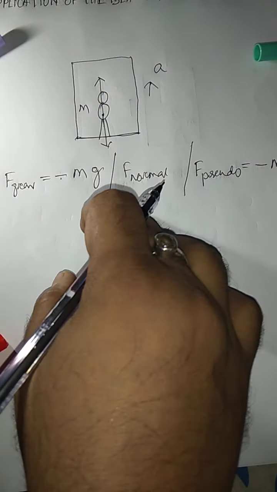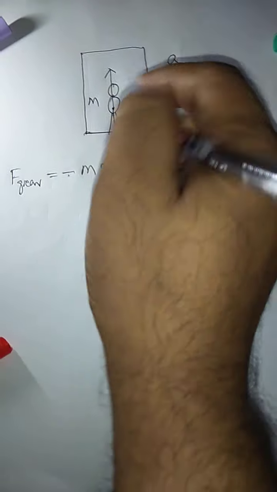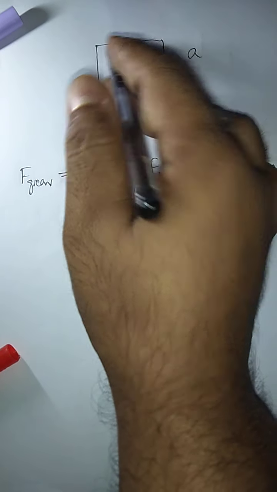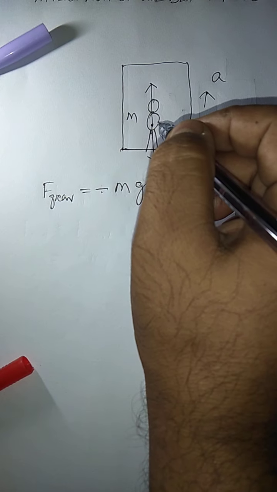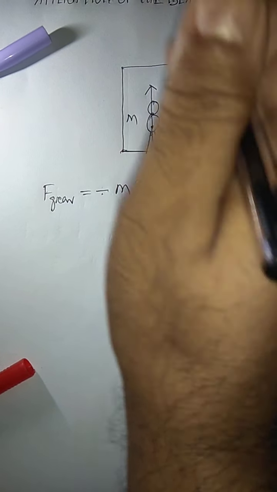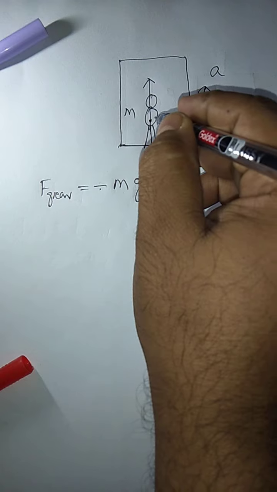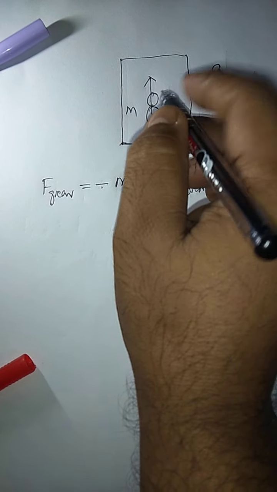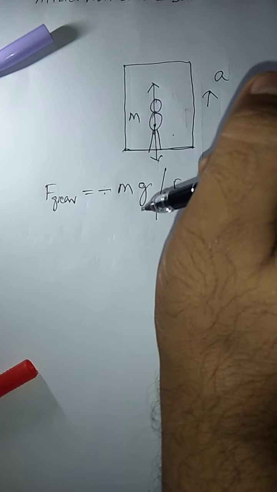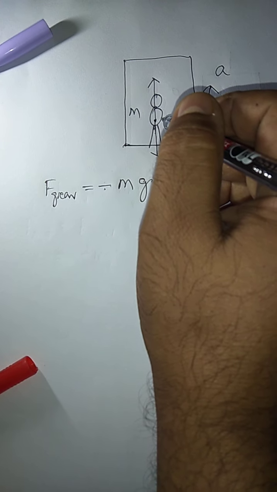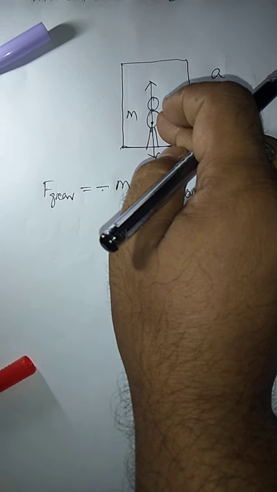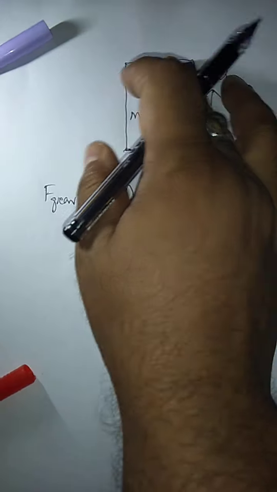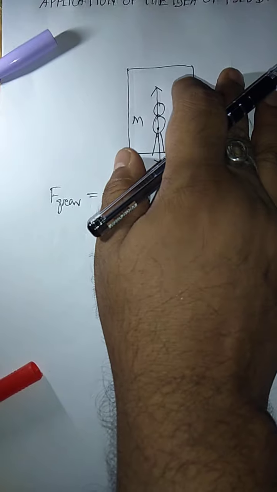Now, let's analyze whether the man has any acceleration relative to this non-inertial frame of reference in the form of the elevator or not. The man stands stationary, so the man has no acceleration relative to this non-inertial frame of reference, and so the net force acting on this man in this non-inertial frame of reference is 0.